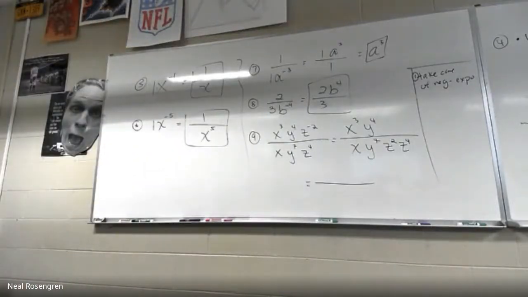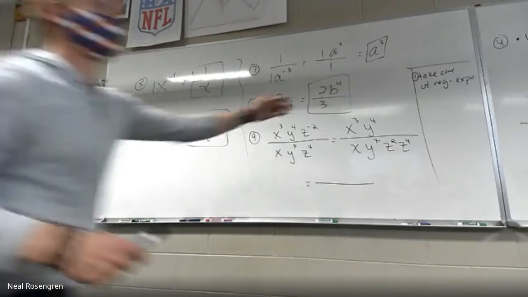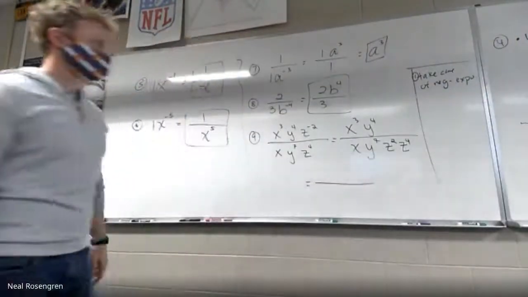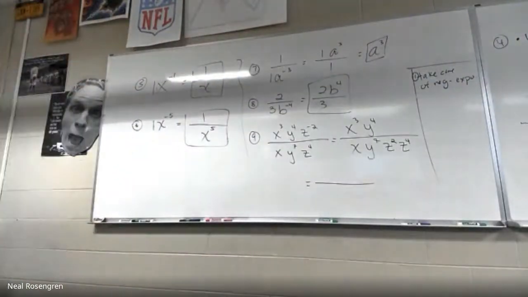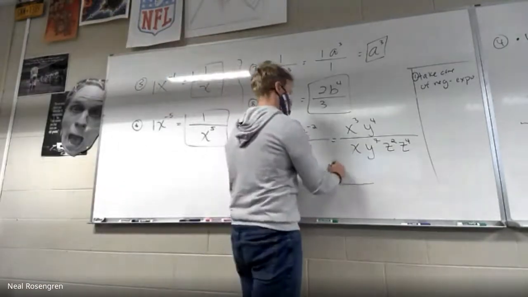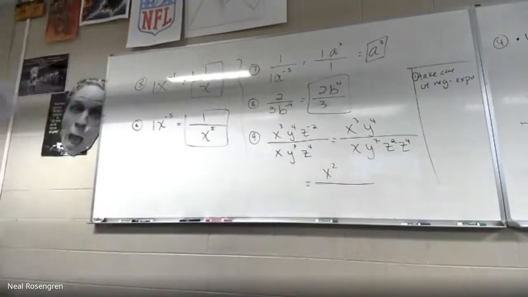Oh, all right, I got some stuff on top, I got some stuff on bottom. I got a fraction. If I'm dealing with a fraction, where do I have more and how many more? So where do we have more x's, top or bottom? Top. How many? 2. X's are done.